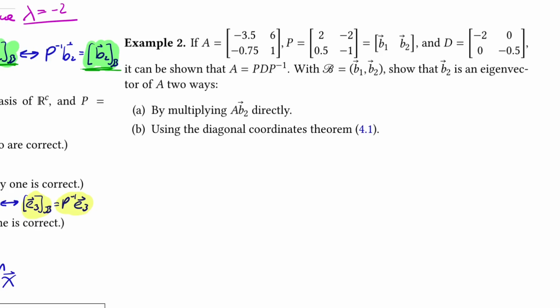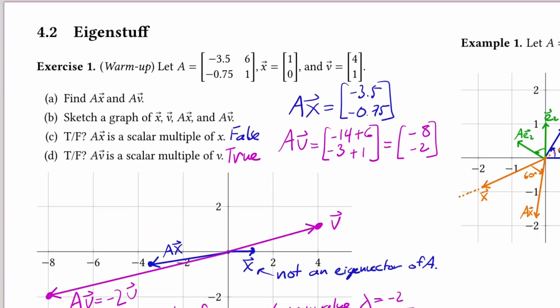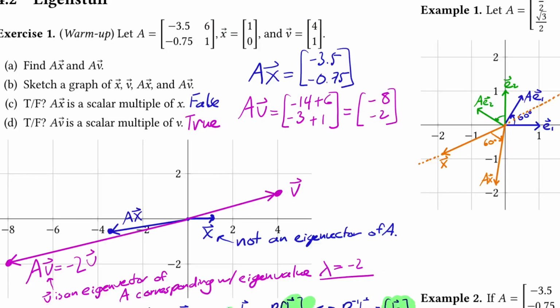All right, let's look at example 2. So here we have this matrix A, which might look familiar to you because it was the same one from the warm-up exercise.